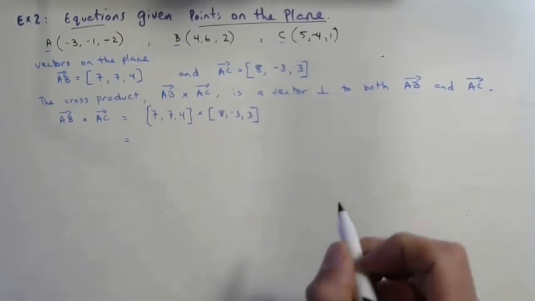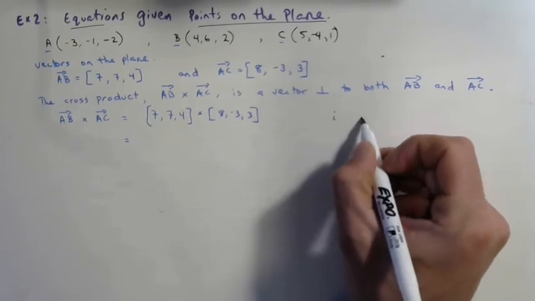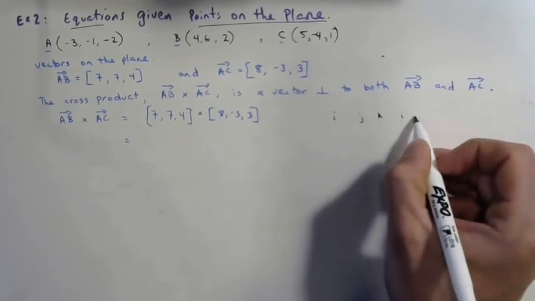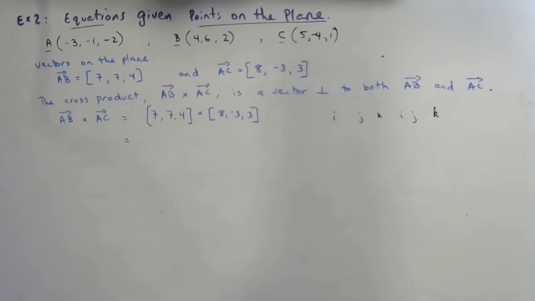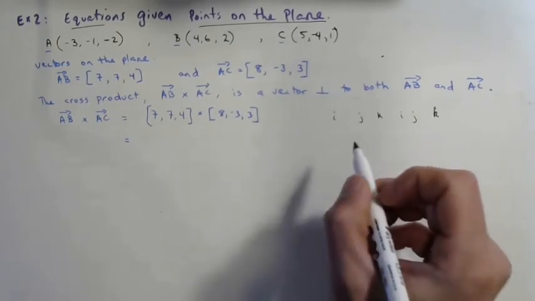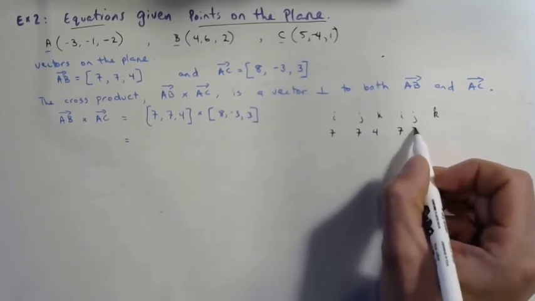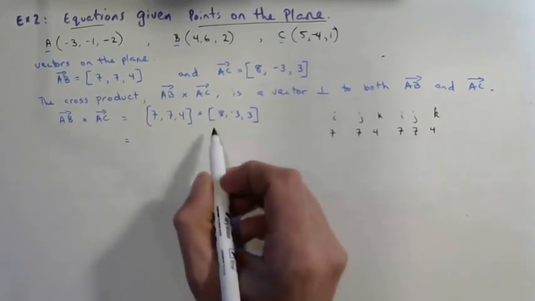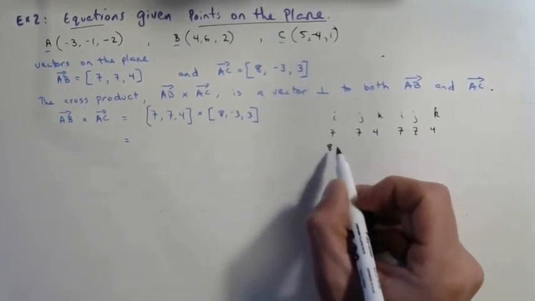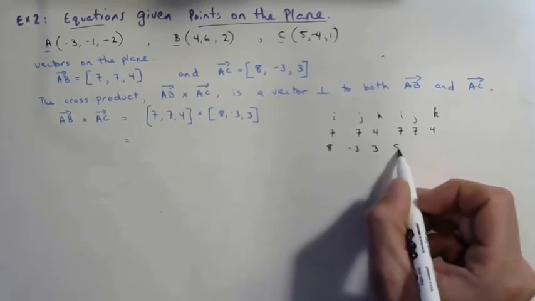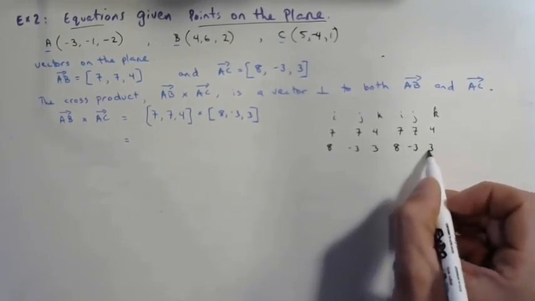That's what our textbook does, and that's helpful. So we've got i, j, k. And then one of our vectors is 7, 7, 4. Our other vector, AC, is 8, negative 3, 3.